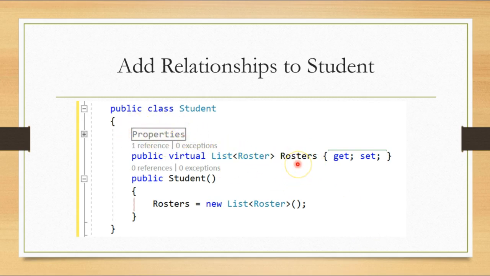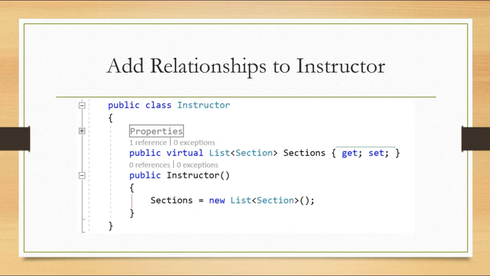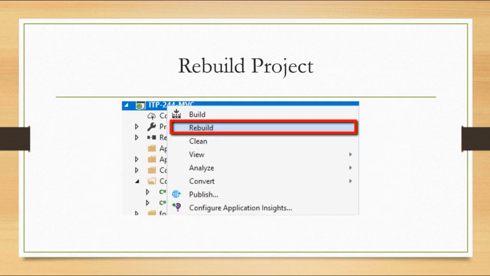All we see is the rosters. And again, all of our collections are plural, and all our properties are singular. We have a list of roster objects, and in the constructor method, we create an instance of the collection. And then we do the same thing to instructor. An instructor can be in multiple sections. And again, in the constructor method, we instantiate the collection of sections.